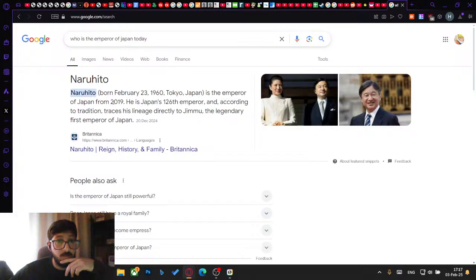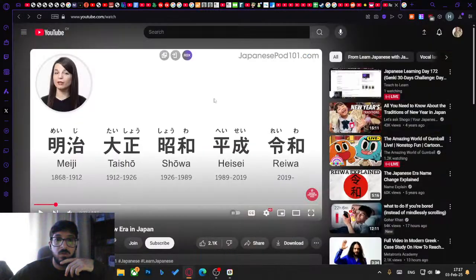Emperor from 2019. For example, Assassin's Creed Shadows will be in the Edo era, before Meiji. 300 years? No, 200 years for Edo.